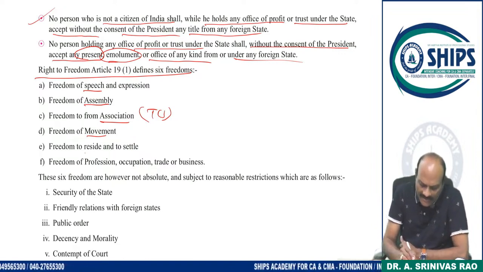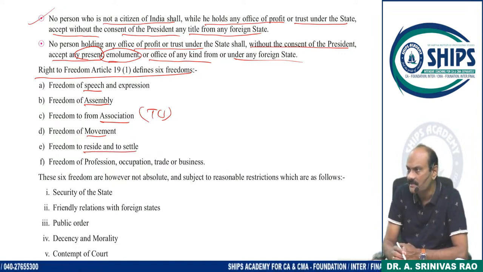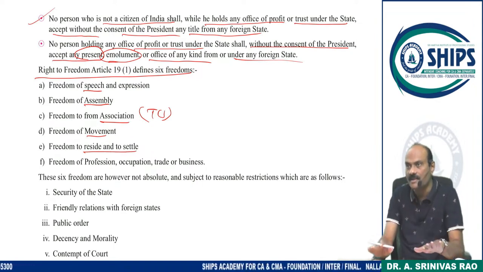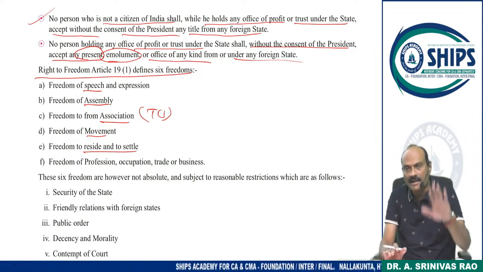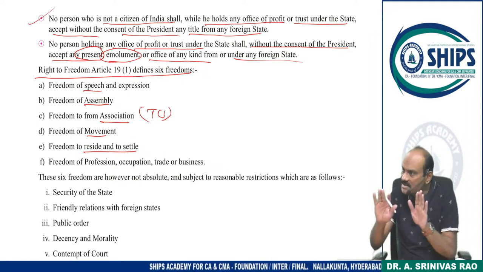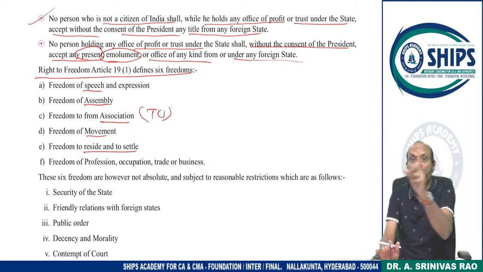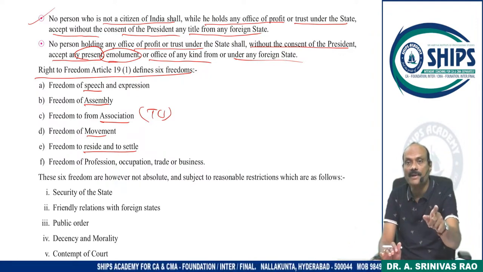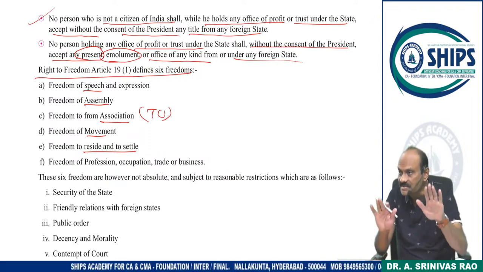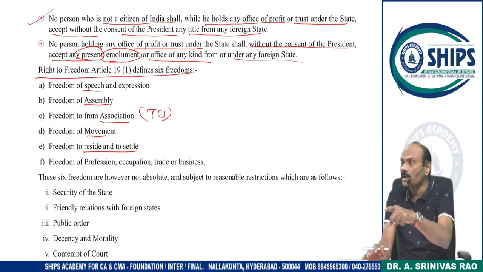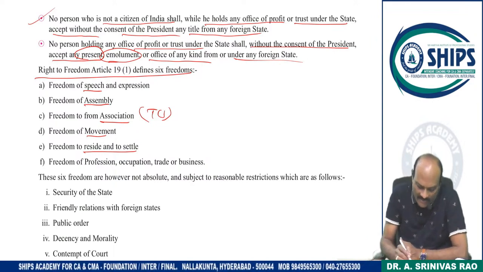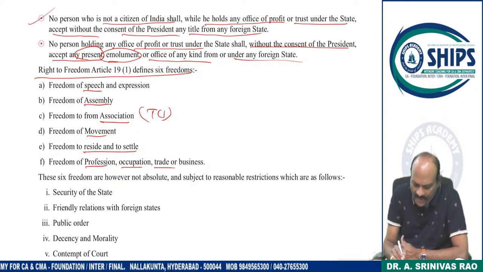Another one is the right to reside and settle: reside in Andhra Pradesh, reside in Telangana, reside in Coimbatore. You can settle in that particular place. Anywhere in the country, I can travel, I can reside, I can stay there. No person can say you should not stay here. And the other one is the right to practise any profession, occupation, trade and business.